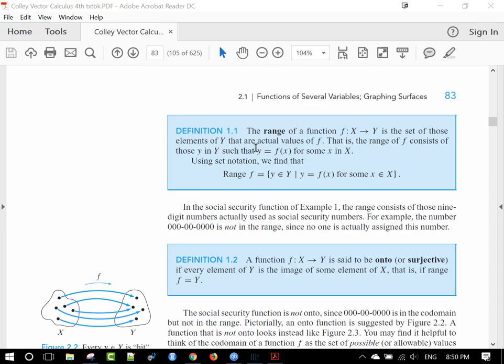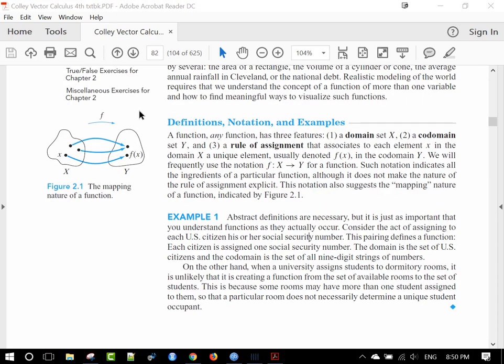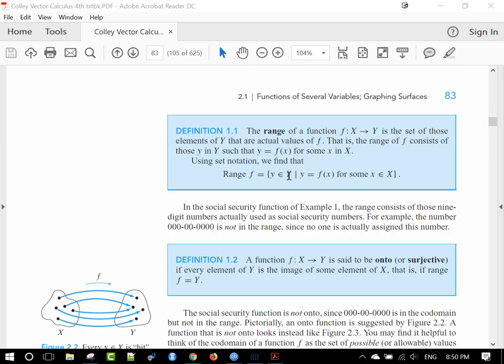And the concept of the range, I guess, I think the codomain is the set of all possible values, I always get this confused, and then the range is the set of y in Y such that f of x equals y for some x.